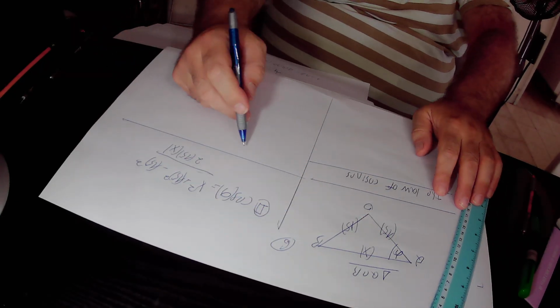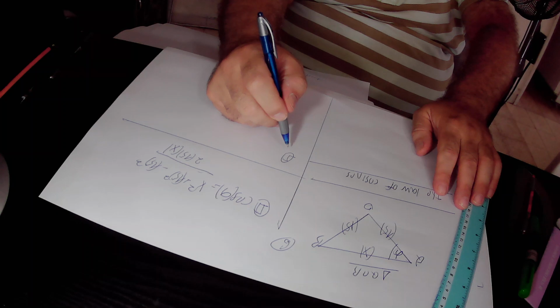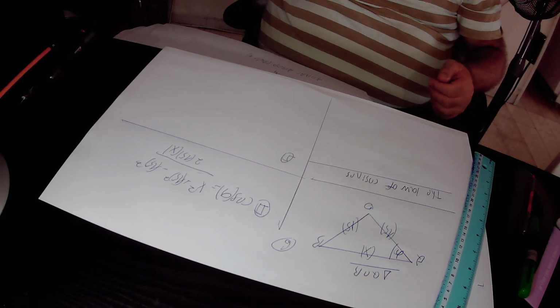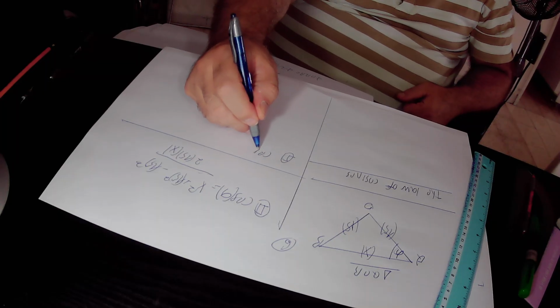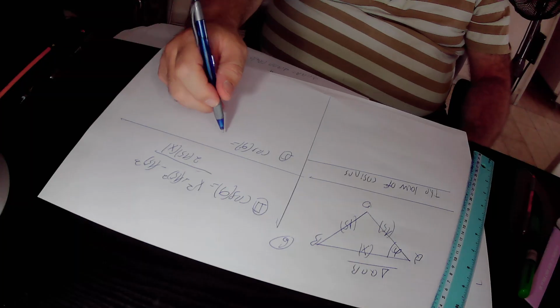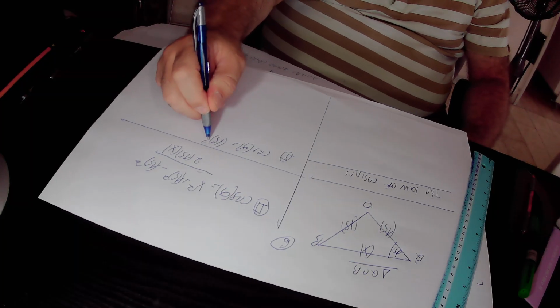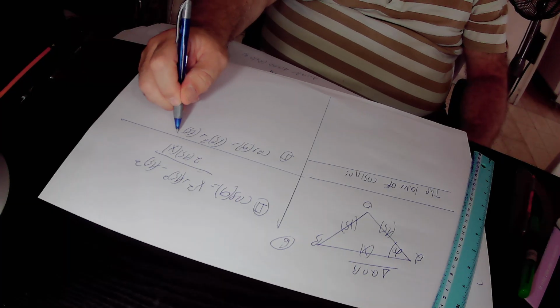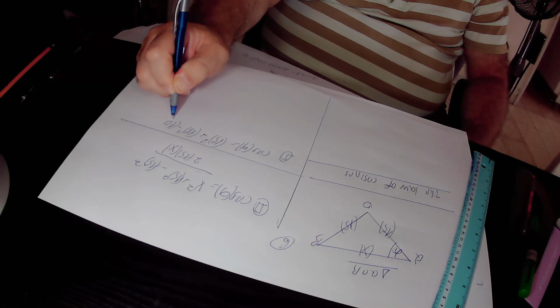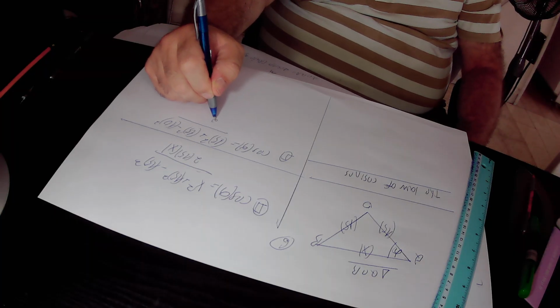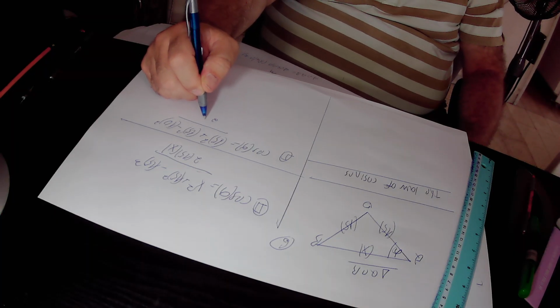And we already found out that according to equation 1, cosine alpha equals 15 squared plus 15 squared minus 10 squared over 2 times 15 times 15.